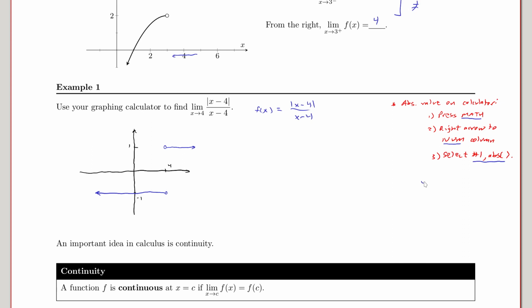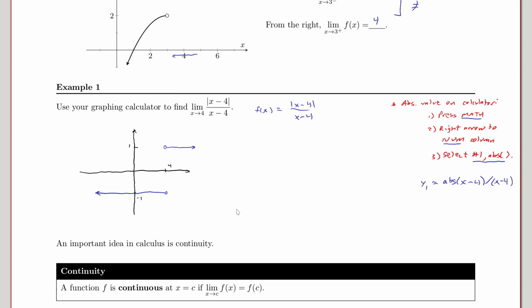So when you graph this, you would have y1. You need to be in the y equals screen where you enter functions to be graphed, and you'll hit the ABS button. It'll open parentheses. You'll put x minus 4. Make sure you close parentheses, and the denominator also make sure it's in parentheses as well.